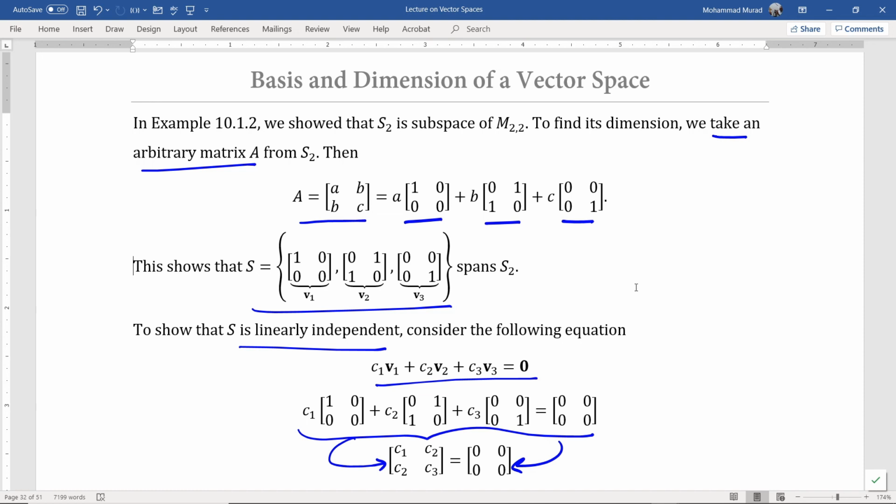Now, this equation is true if and only if c sub 1 equals 0, c sub 2 equals 0, c sub 3 equals 0, and c sub 4 equals 0, since two matrices are equal if and only if the corresponding entries are equal.